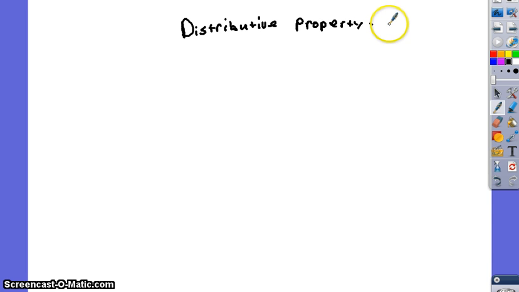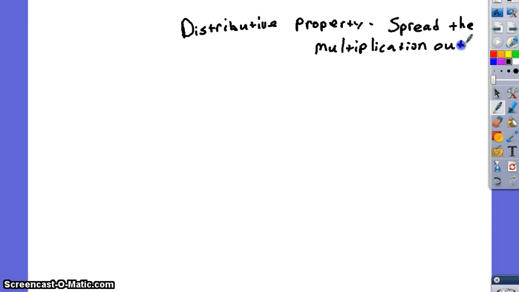Because when we talk about the distributive property, we're talking about the distributive property of multiplication over addition, otherwise known as the distributive property. And basically what we do with the distributive property is we spread the multiplication over terms. We spread out. Because the full title is the distributive property of multiplication over addition.